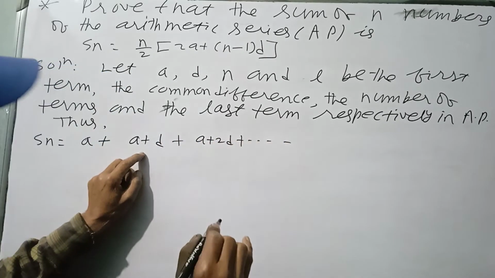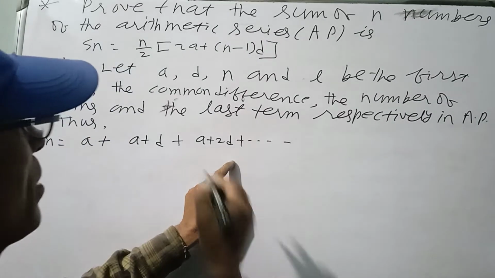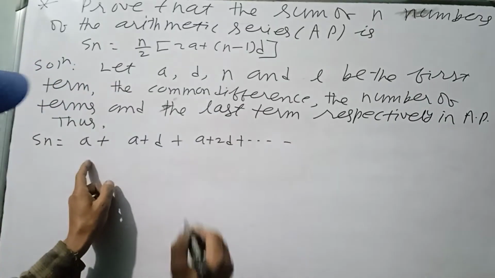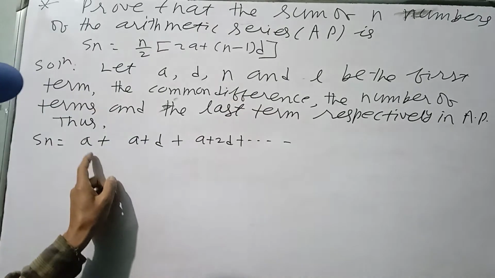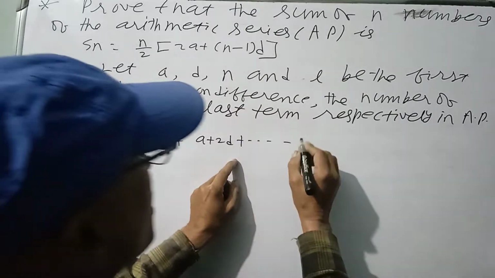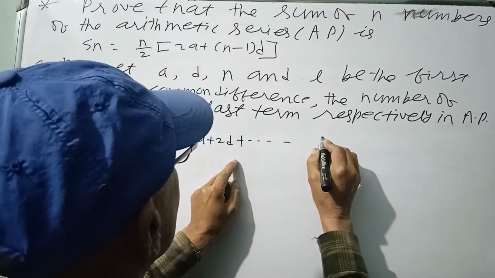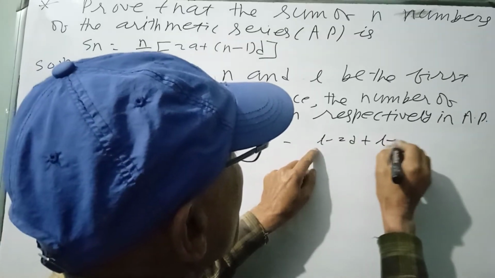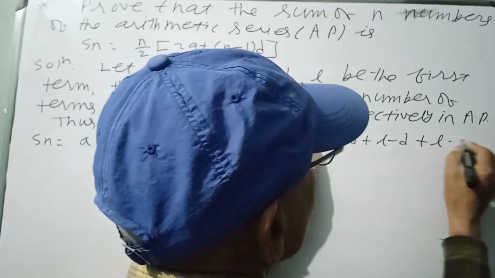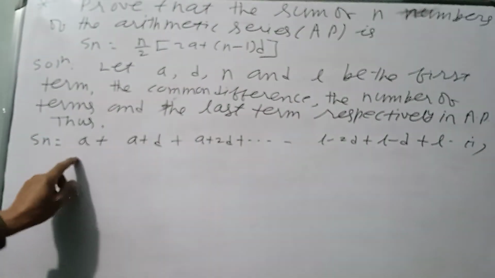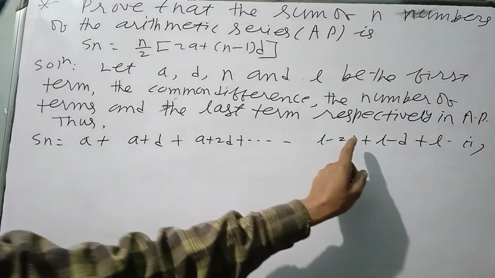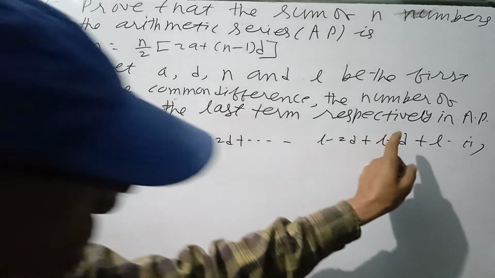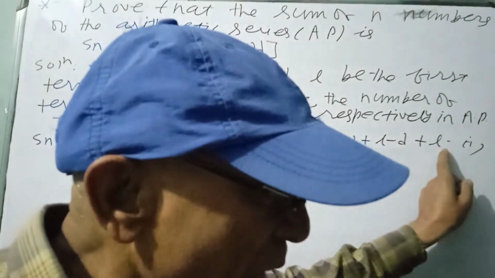There are so many terms, infinite numbers, therefore I cannot write all the terms. A plus d, a plus 2d, then what to write? L minus 2d plus l minus d plus l. We can write first term, second term, third term, third last plus second last plus last term.